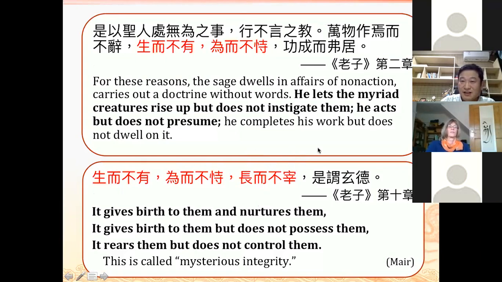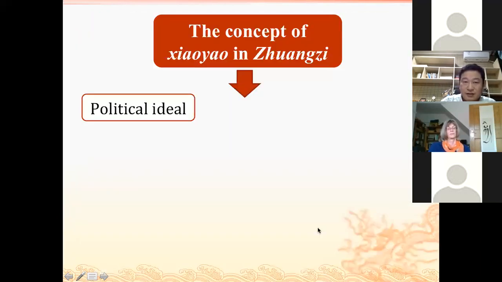And Laozi mentioned that he lets the myriad creatures rise up but does not instigate them. He acts but does not presume. So this is 生而不有，为而不恃. He mentioned this a few times. This is where Zhuangzi's idea comes from.